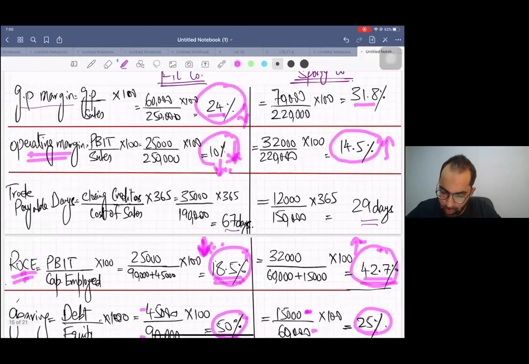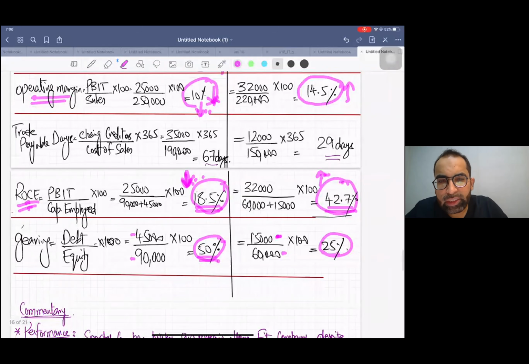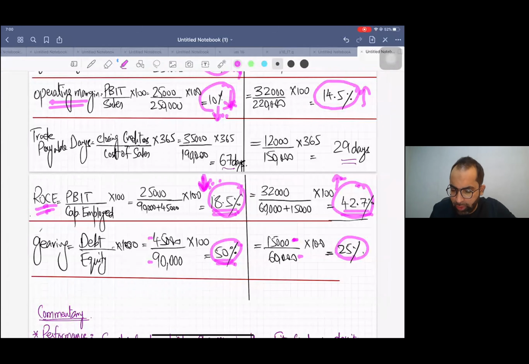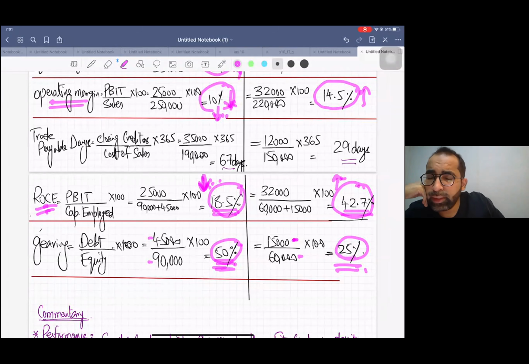Now, if you come to position ratios, the first, famous ratio is gearing. Now, what do you mean by high gearing? Listen, this lecture is the real lecture. Whatever I'm telling you right now will be written in the solution.